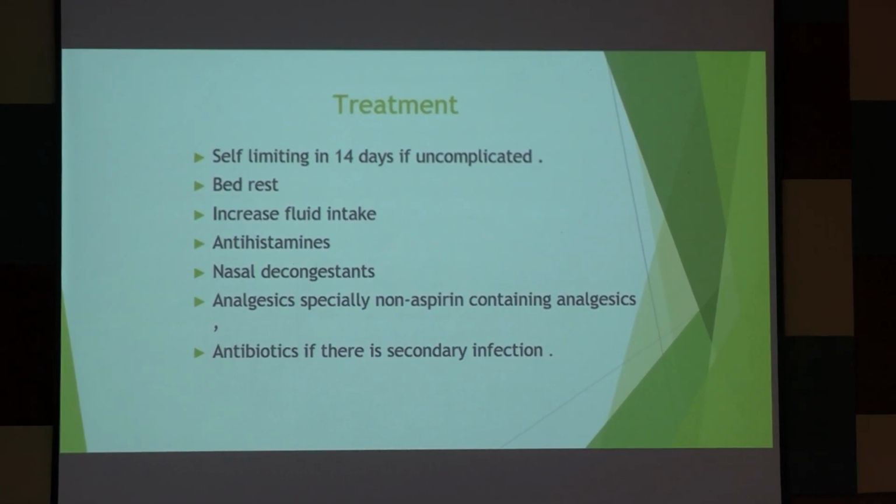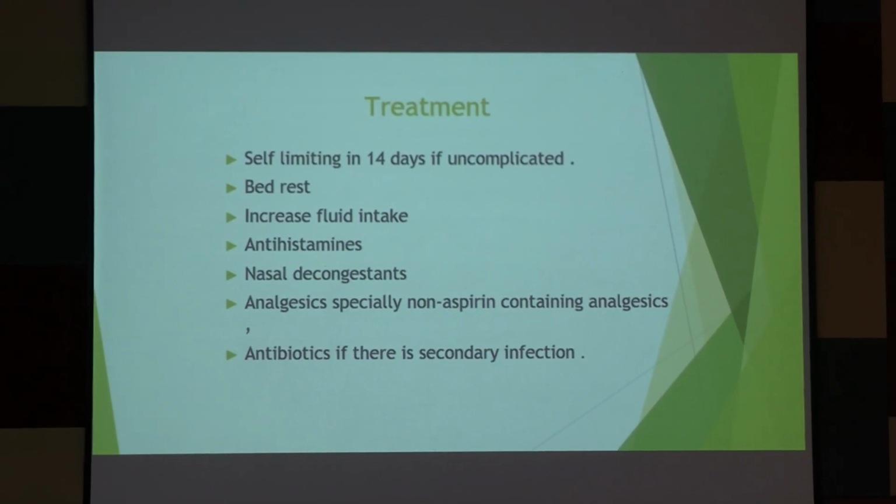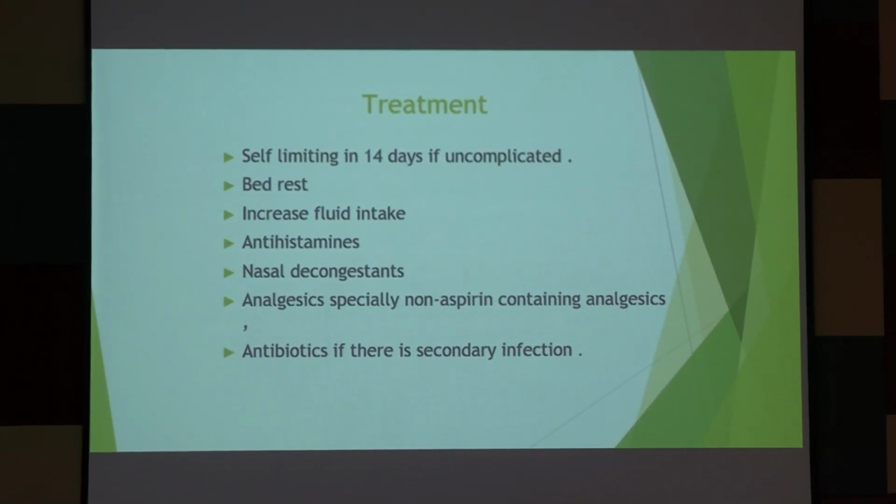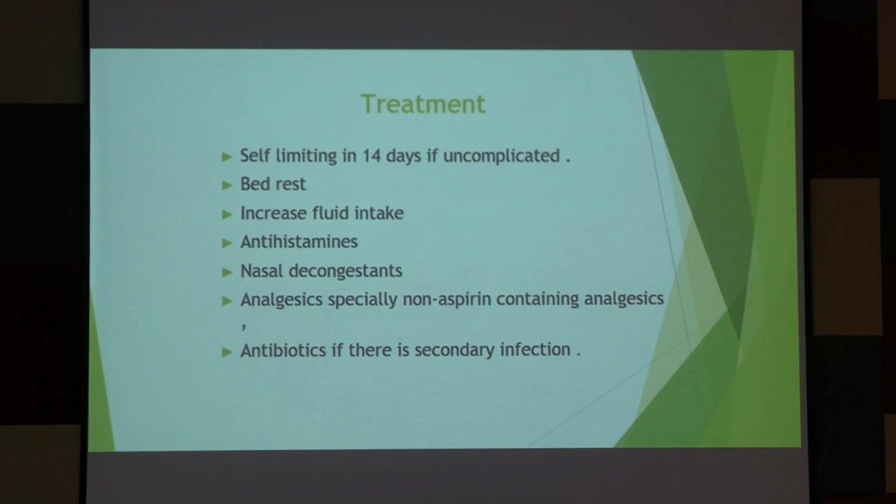As well as you will try to improve the nasal ventilation, so that the paranasal sinuses get ventilated properly. So for that we will give some antihistamine, some nasal decongestants, and some NSAIDs and acetaminophen or paracetamol, all these things.